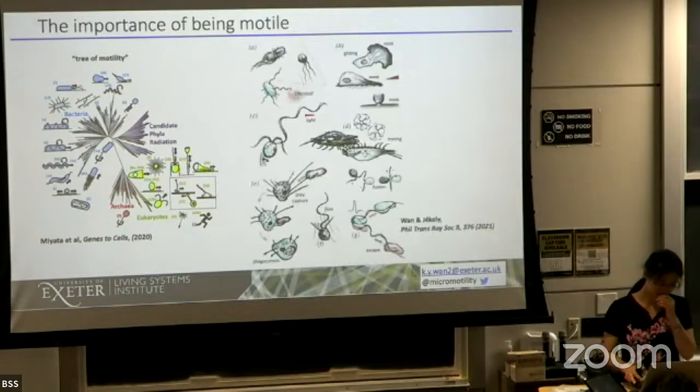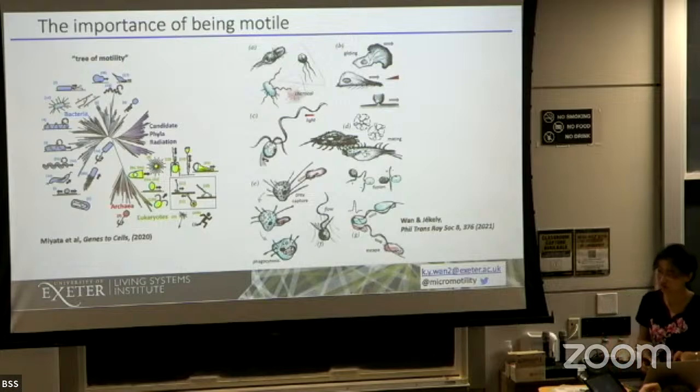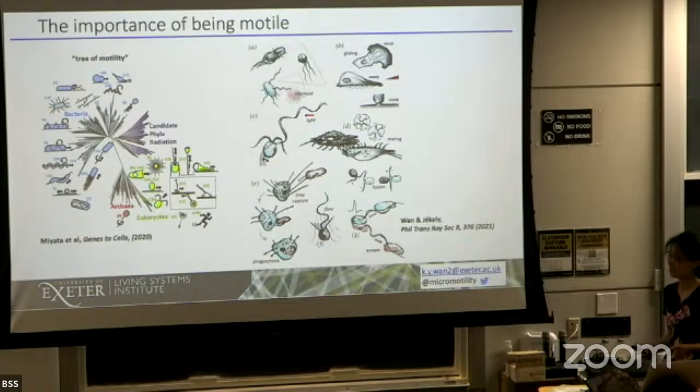And so I just wanted to highlight, in these cartoons, the diversity of different locomotion strategies that actually exist in nature. All of this will be bound by the same physics that we talked about over the course of this week. And all of these are actually in a slightly different physical regime, is my final point.